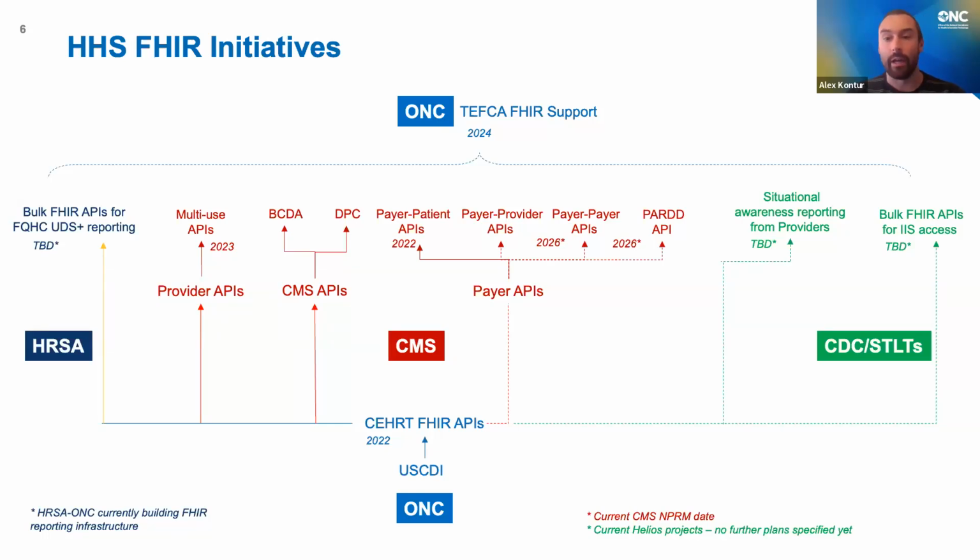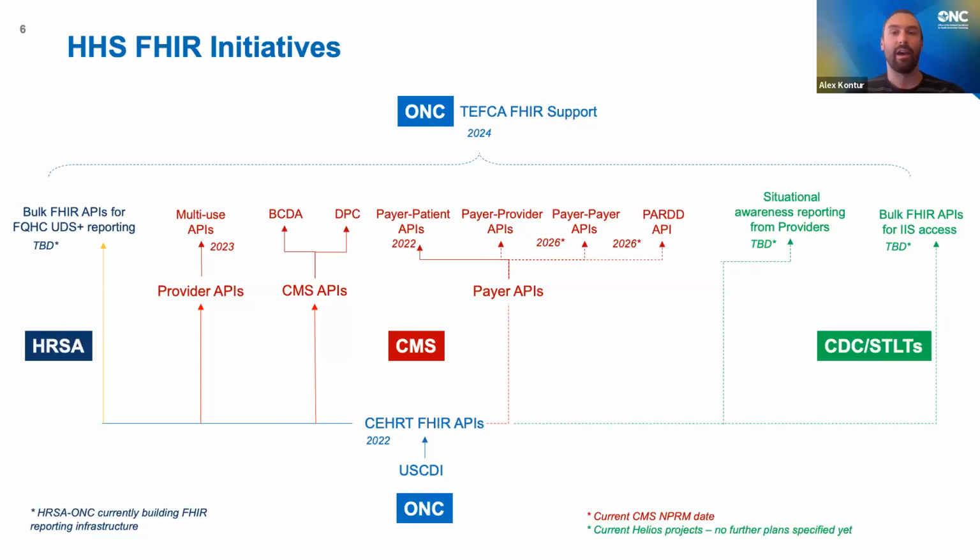And then on the right-hand side, you'll see some of the work that CDC has been doing with its investments in the Helios FHIR Accelerator under HL7 around use cases such as situational awareness reporting, as well as immunization system access using FHIR APIs.